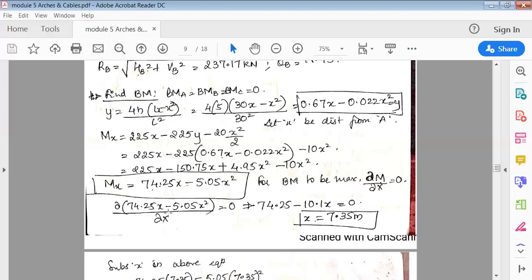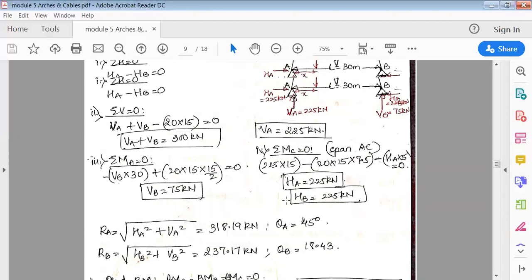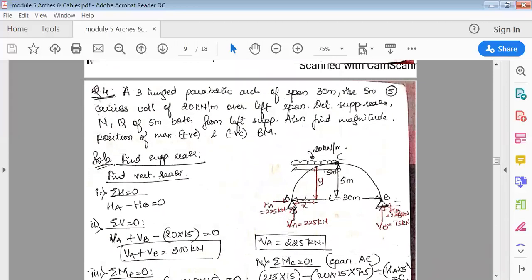So now solve this. It is 74.25 minus, okay, 2, bring it here, so 2 into 5.05 x is equal to 0. So now we'll get the value of x. You can see here, x is 7.35 meter. So at this 7.35 meter from the left support, the bending moment is maximum.